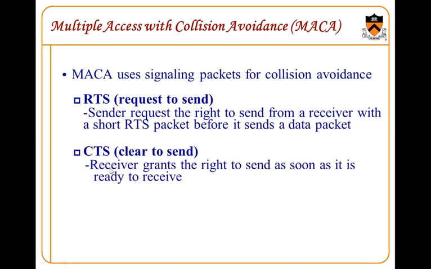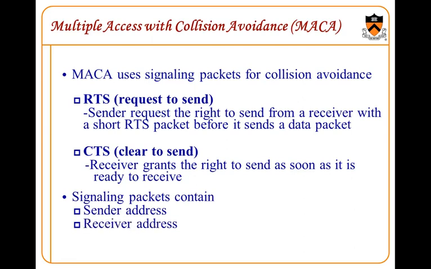When the receiver receives this RTS, it grants the right to send to the sender as soon as possible, and therefore informs the sender that the receiver is ready to receive its data. This signaling packet contains the sender address, the receiver address, and the duration of communication as well.